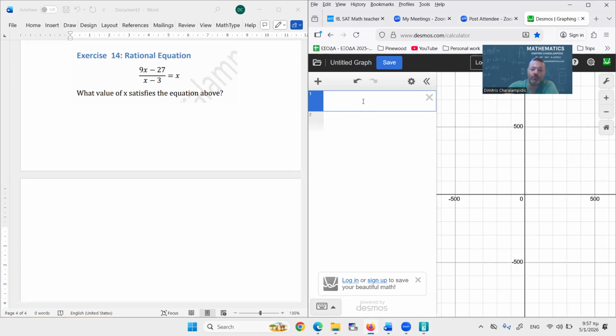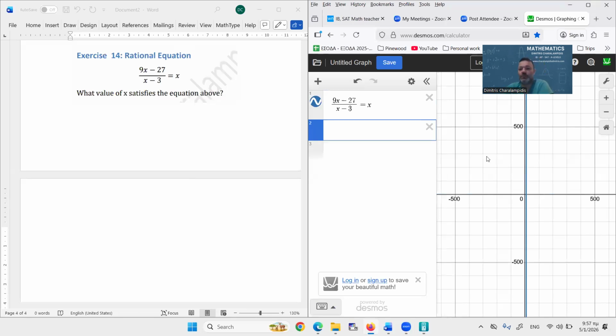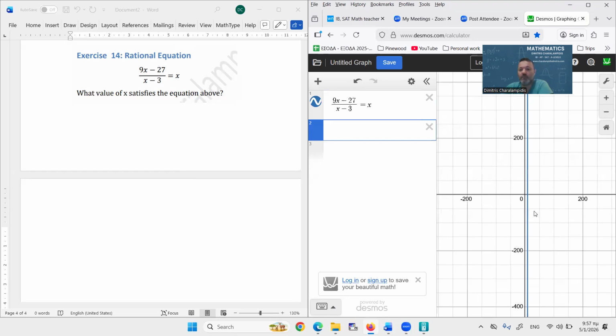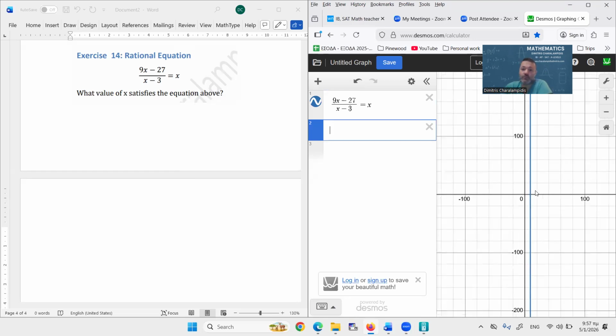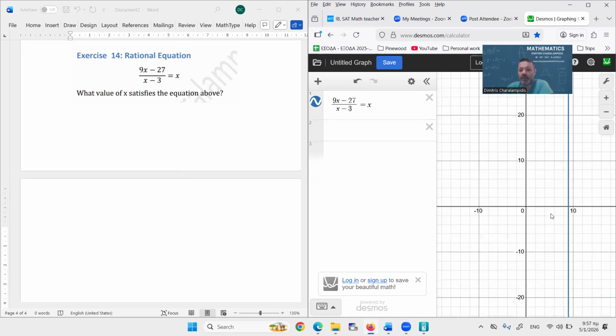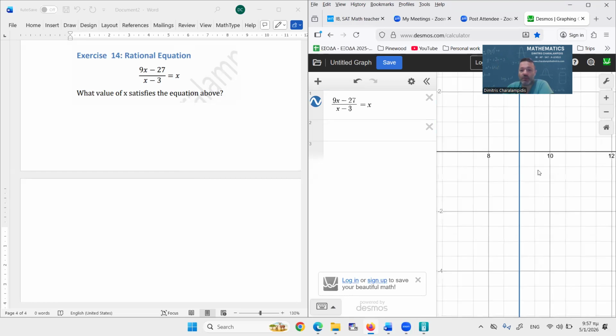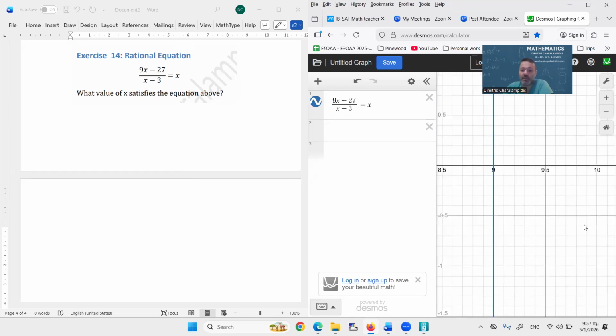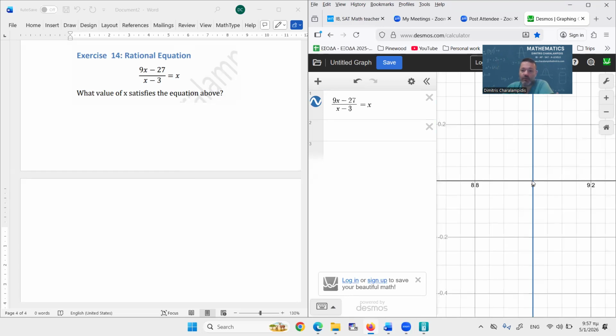First, we could go directly and on Desmos create this equation. 9x minus 27 over x minus 3 equals x. So you see that here, remember that in Desmos we are given the solutions as vertical lines, so we need to go a bit inside to see the actual solution, which is yes equal to 9.